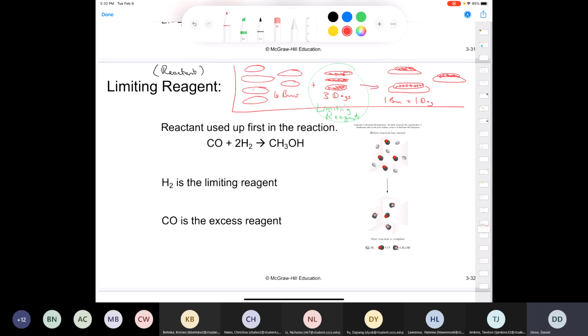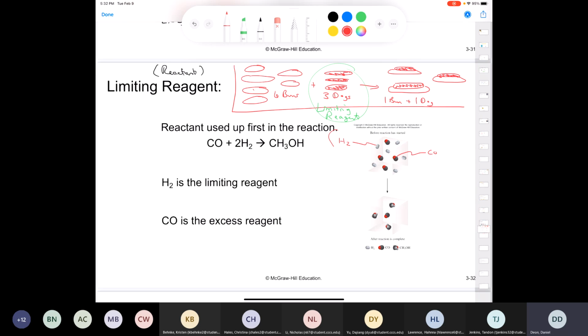The same thing applies in chemistry. What if you only have a little bit of carbon monoxide, and you've got a lot of hydrogen, or vice versa? Well, one of them is going to get used up first. Let's take a look at what's going on here. You can see the little gray spheres here. These represent hydrogen. And this one here, the black sphere and the red sphere, represents carbon monoxide.